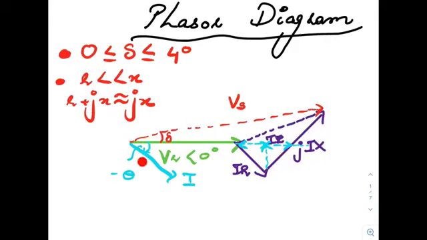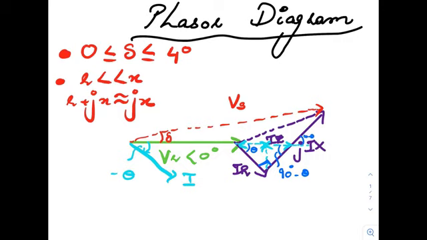So this angle is theta and this angle is 90 degrees. So this angle will also be theta and this angle will be 90 minus theta. And similarly, this angle will also be 90 minus theta.